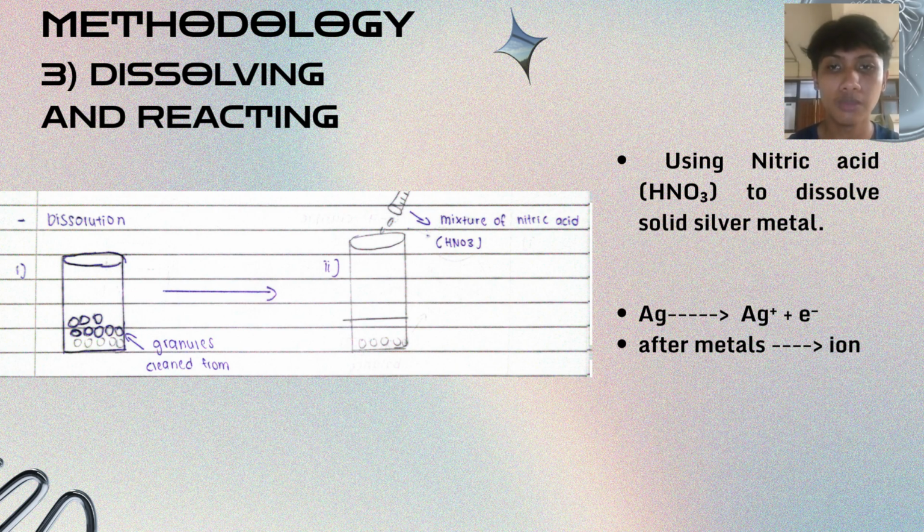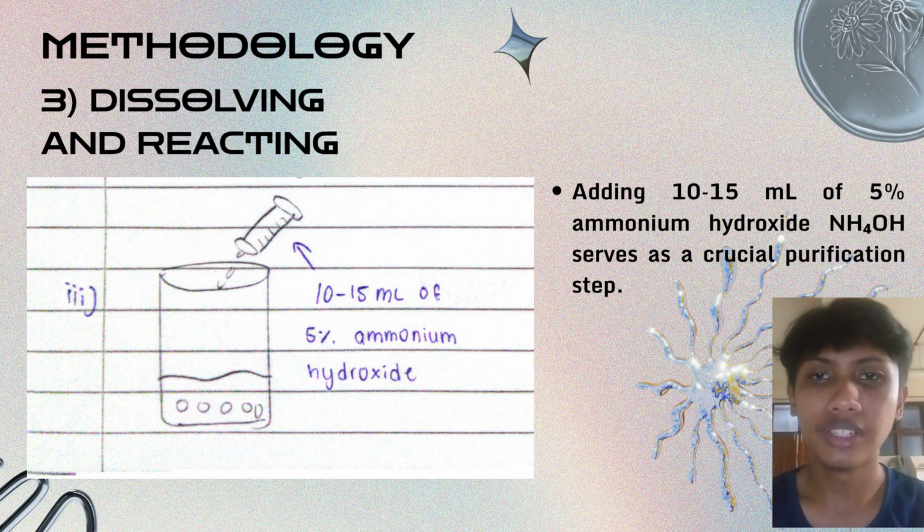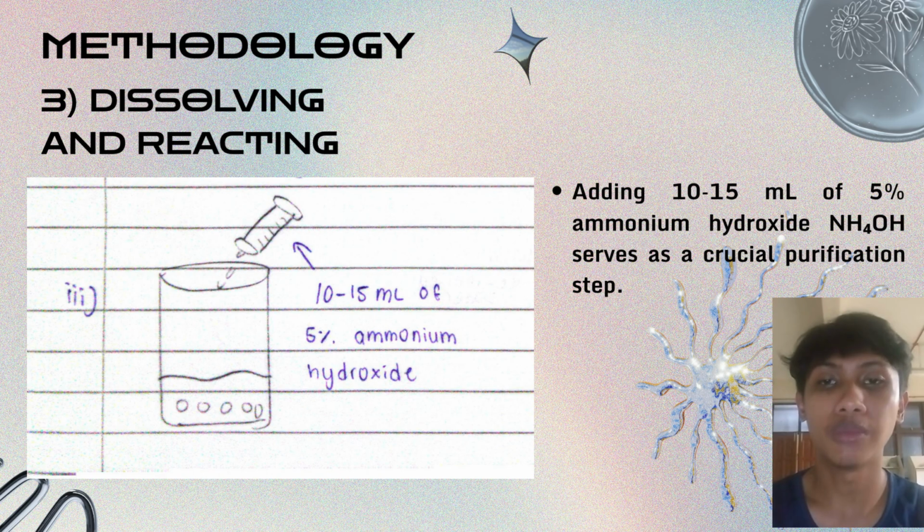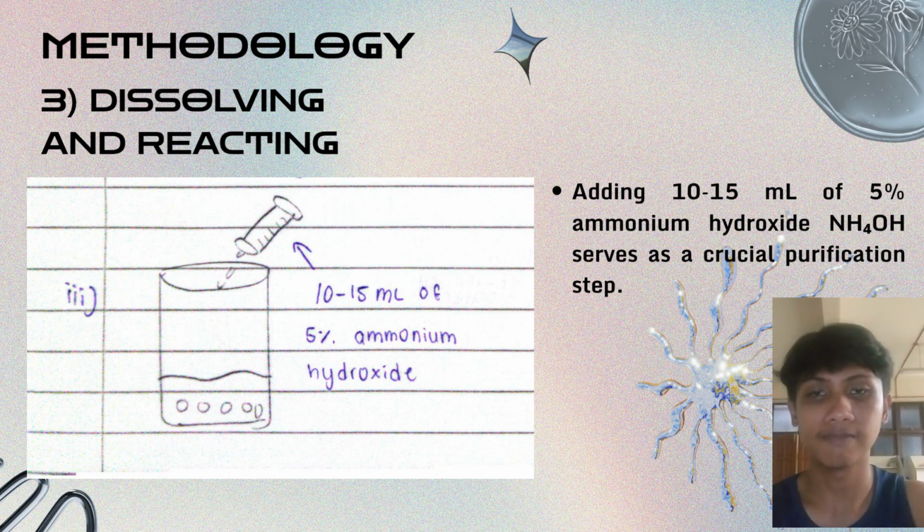This means that silver atoms lose electrons and become silver ions in the solution. After the silver had dissolved, 10 to 15 milliliters of 5% ammonium hydroxide, NH4OH, were added. This is an important purification step. Ammonium hydroxide helps remove unwanted impurities.